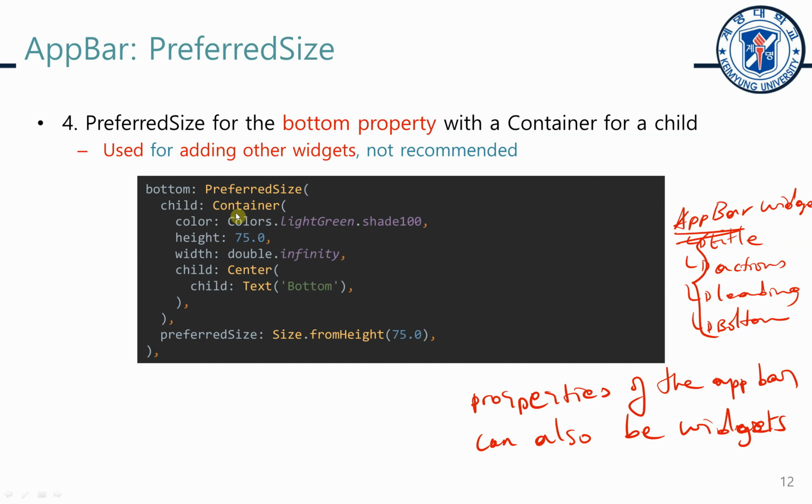So you can see that we are using, although we haven't discussed the container widget, the center widget yet, we are using them in order to create our widget tree.